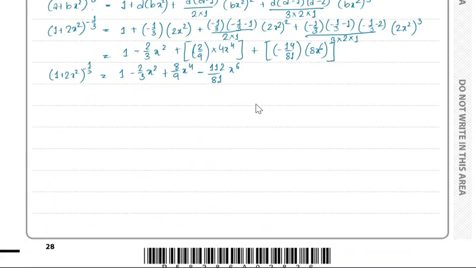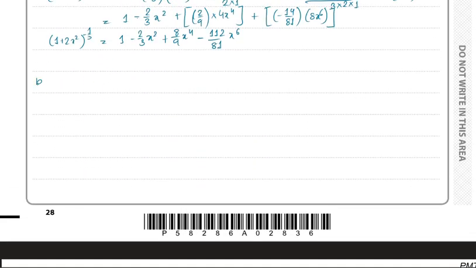So for part B, we have been asked to state the range. For finding the range, it's important to look at whether the expression is in (a + bx)^d, whether it's in x or x squared. When it is in x, it would be written as -a/b < x < a/b.